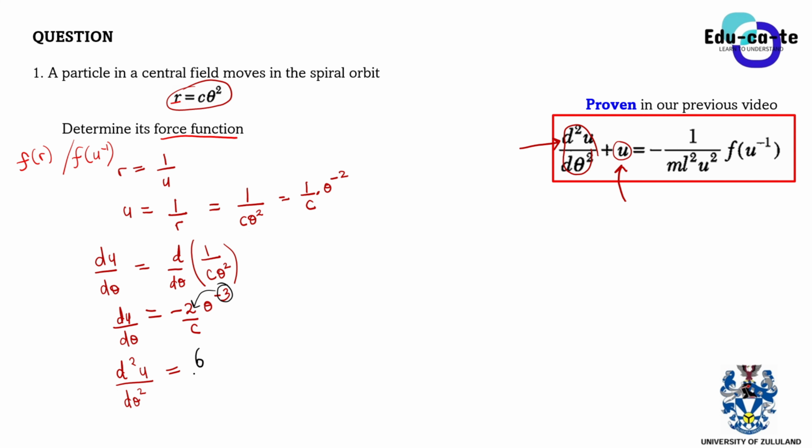So this is 6 over c, where c is just a constant, and then theta to the power of -4, because the power rule says you also subtract 1 from the exponent. Here we have got the second derivative.